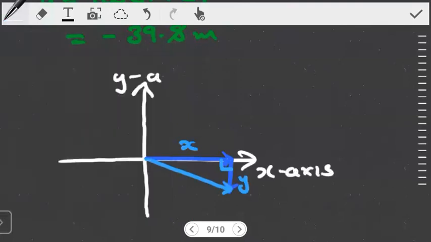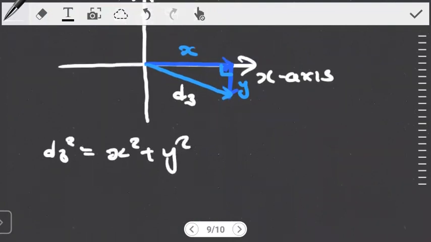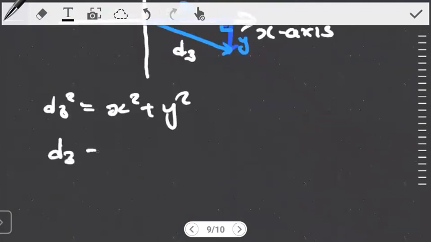To get the resultant vector d3, notice that since it is a resultant of two short ones, d3 squared is equal to x squared plus y squared, so that this resultant we're looking for is just the square root of x squared plus y squared.